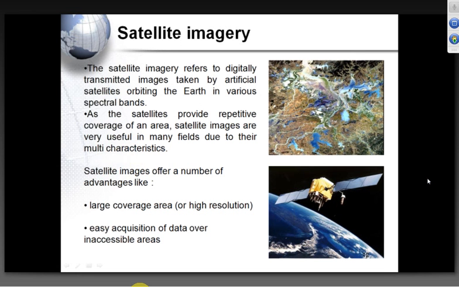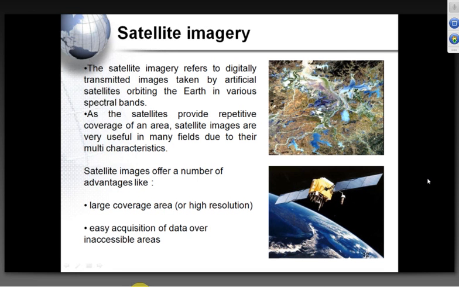Second comes satellite imagery. Satellite imagery refers to the digitally transmitted images taken by the artificial satellites which are revolving around the Earth in their particular orbits. Why is this satellite imagery important?